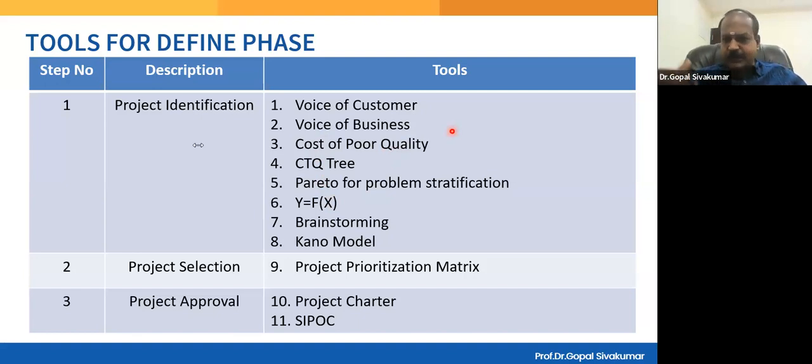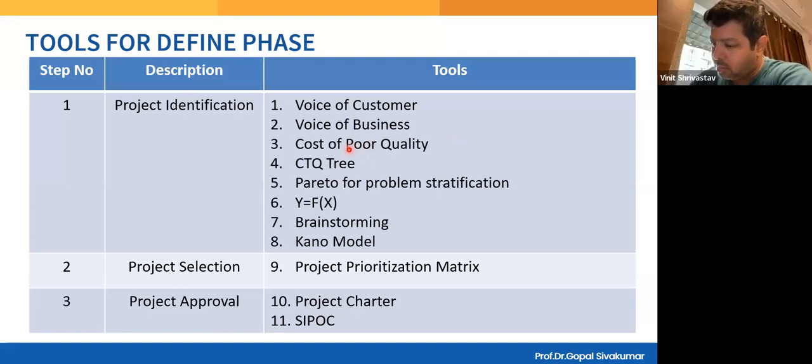External failure is difficult to correct and more costly. So it is good that we visualize problems internally, but that means you should be proactive enough to detect the failure before someone outside your organization can detect it. So cost of poor quality can be internal or external.